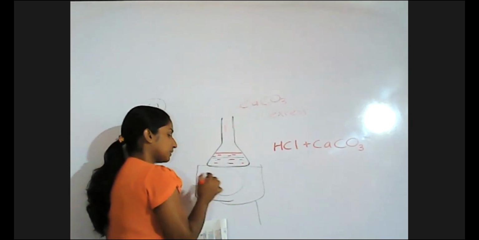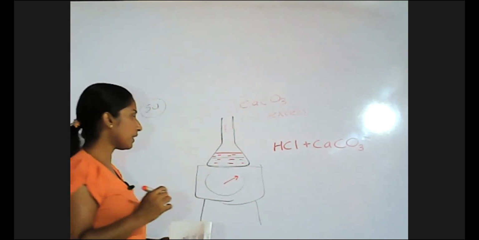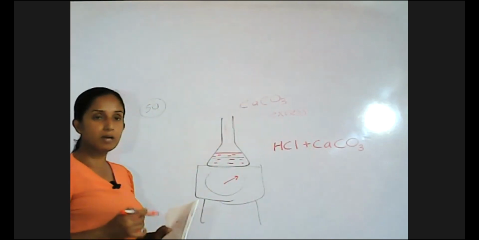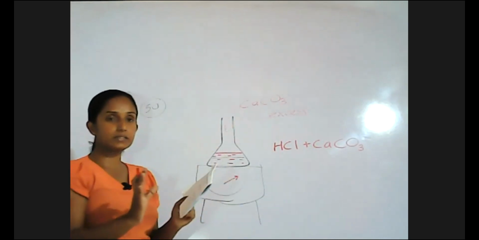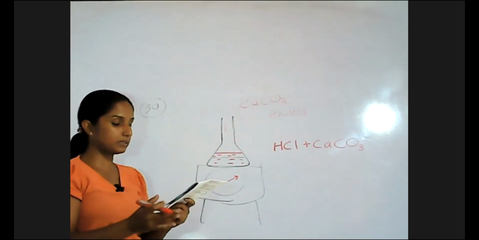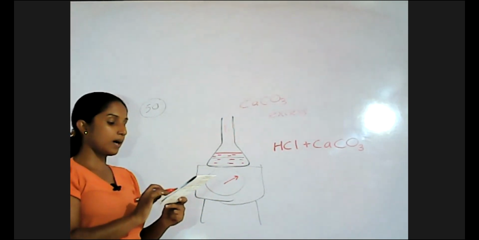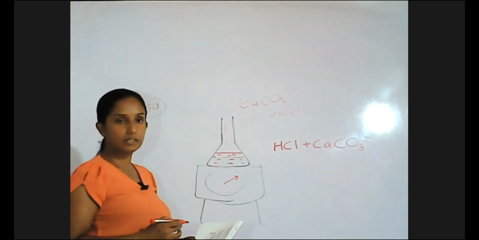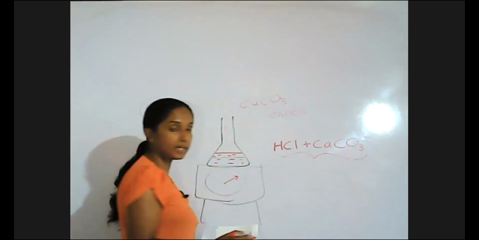After adding the calcium carbonate, the reading is shown in the balance, right? When HCl and calcium carbonate react together, the reaction starts. Then what happens to the balance reading? What are the products formed here?